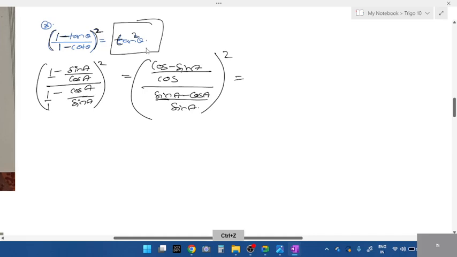Tan square. Which one can you use? Cos. You can't cancel cos, right? How can you cancel cos and sin? You can't cancel. I want all of you to answer. Tell me what your thoughts are, students.